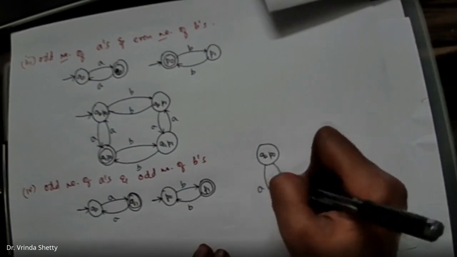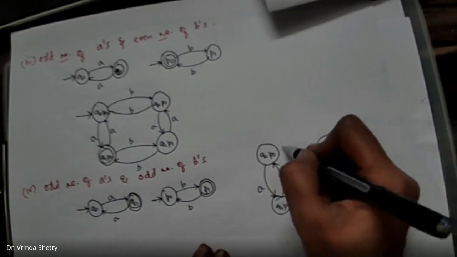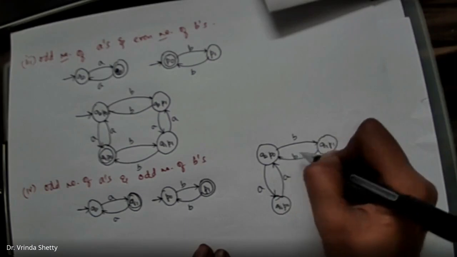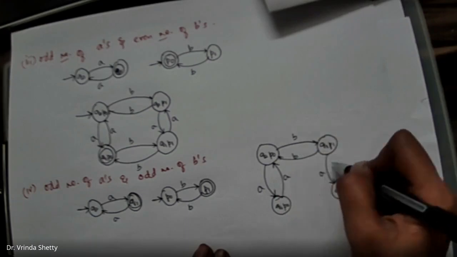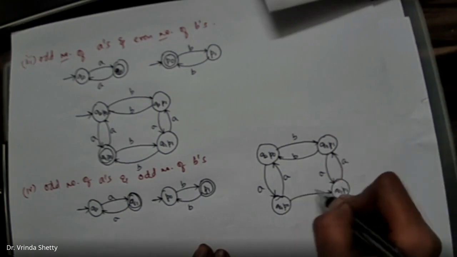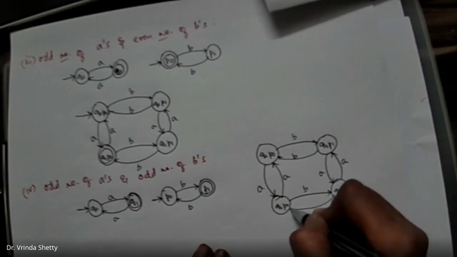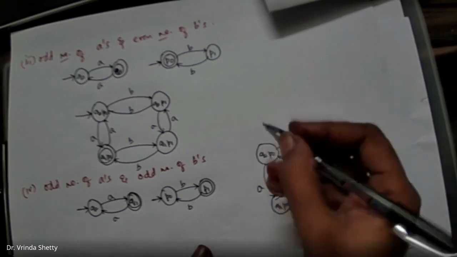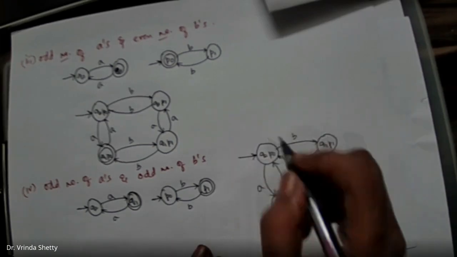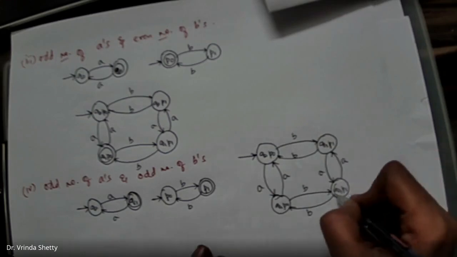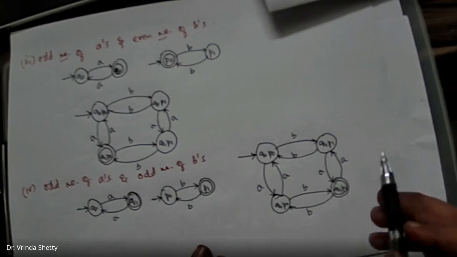Here we'll get the same transitions on A, this also on A, this on B, this on B, this on A, this here B, B. Which is going to the start state? Q naught and P naught are the start states of the two different machines we constructed. So Q naught P naught is the start state. Q1 P1 is going to be the final state.